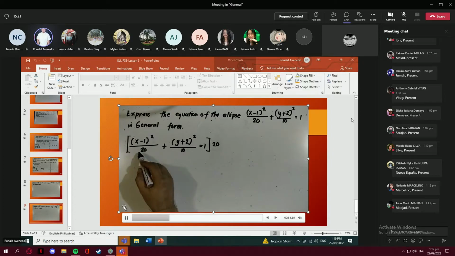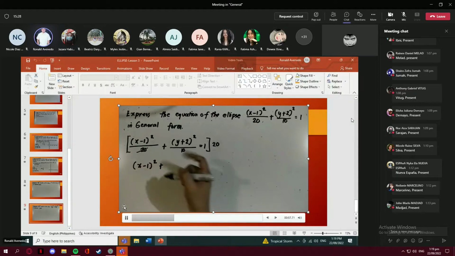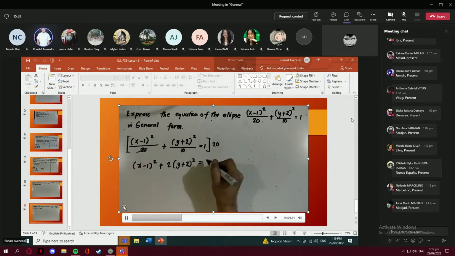So 20, 20, pareho. We'll just copy this one, (x minus 1) squared plus 20 and 10. So 20 divided by 10 is 2. So meron pa tayong 2 multiply sa (y plus 2) squared. Then 20 times 1 is 20.